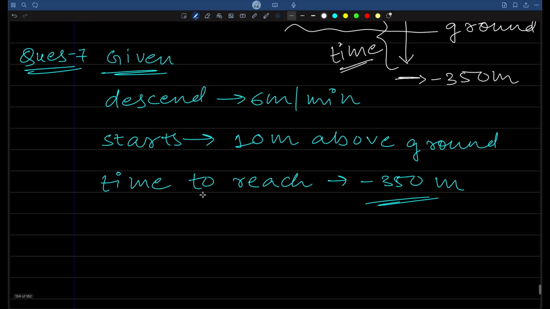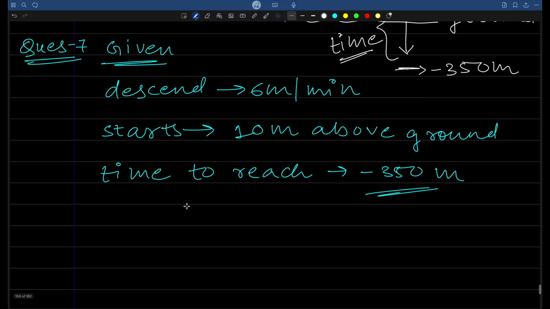So let's start. Descent means we will take minus 6 meter per minute.